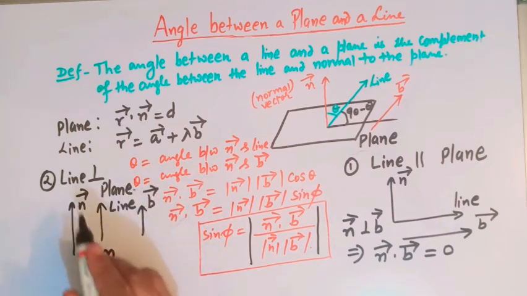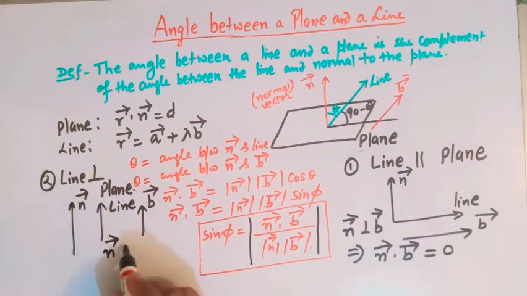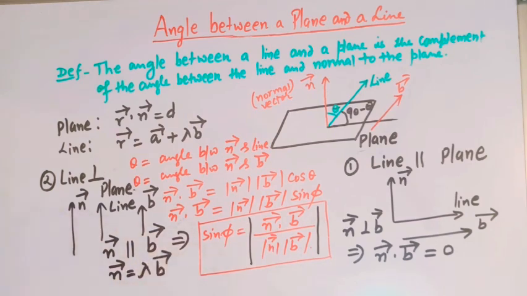So whenever a line is perpendicular to the plane, the normal vector is parallel to the vector b. It means the direction ratios of this normal vector and vector b are proportional, and since these two are parallel vectors, we can also write that vector n is a scalar multiple of vector b.